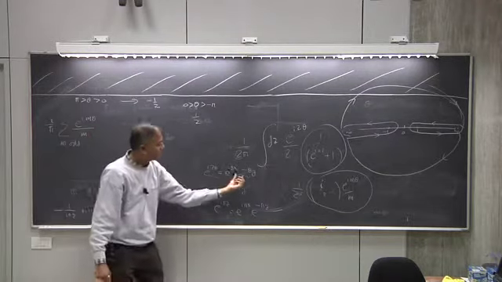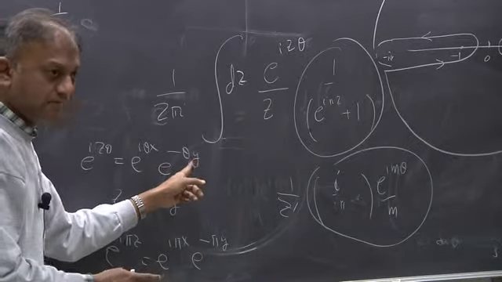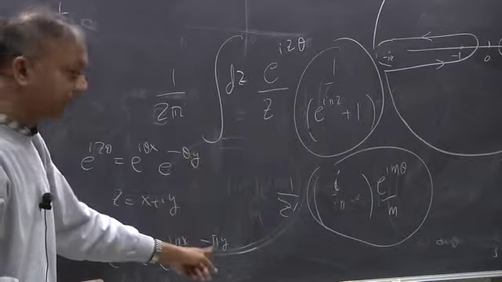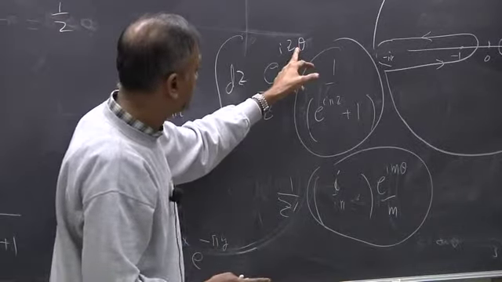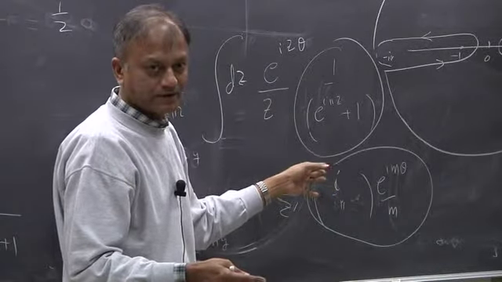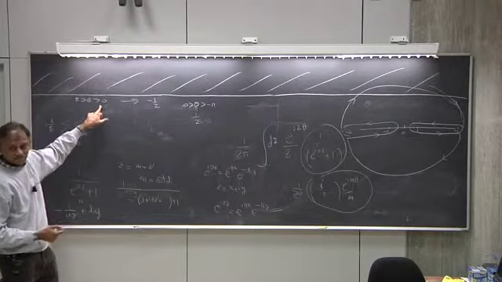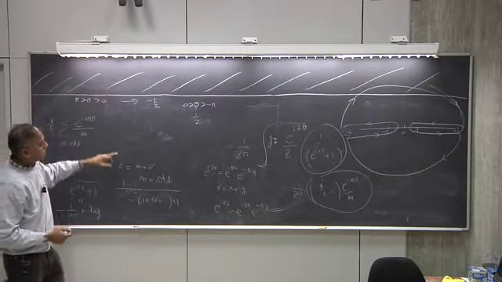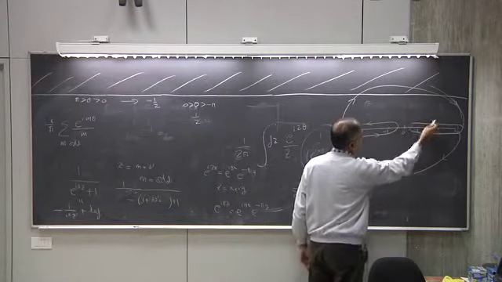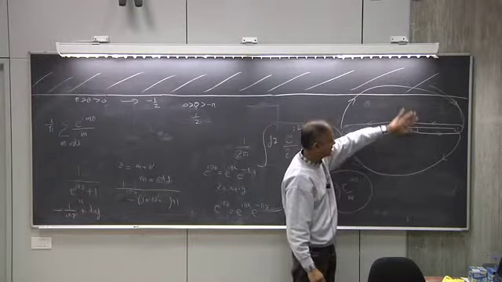This one blows up as e to the theta times modulus of y, since y is negative, whereas that one blows up as e to the pi times modulus of y, and if theta is smaller than pi, that one blows up much faster. So again, there is an exponential suppression. Therefore this integral makes sense for theta in this range. Then you can just deform this contour. It just becomes a contour around here, because that's the only other singularity. There is no other singularity here for this function.